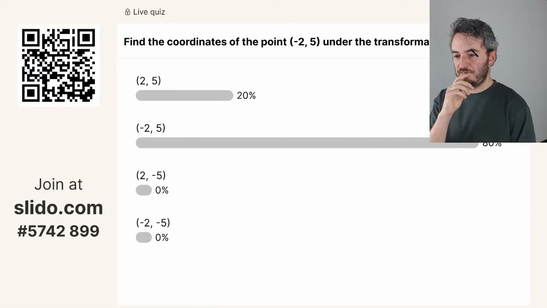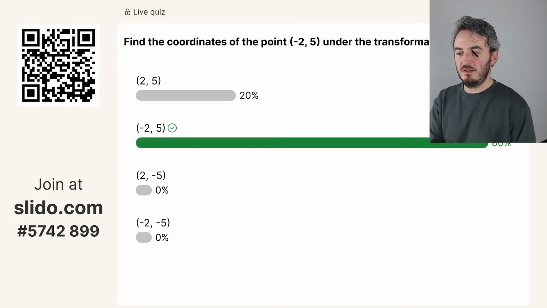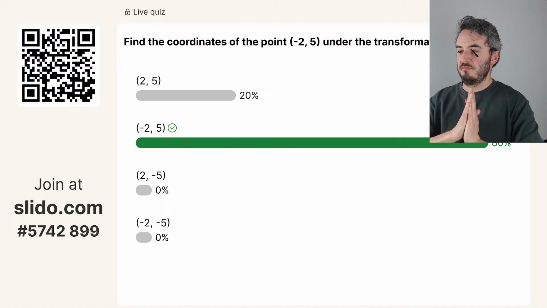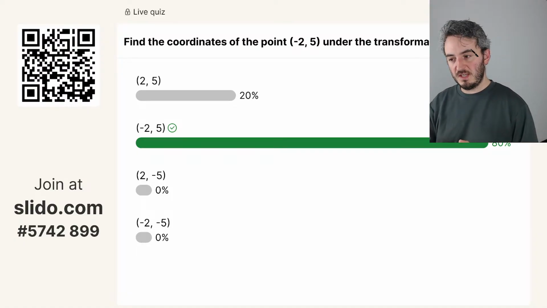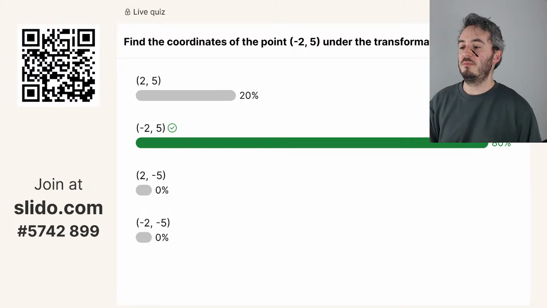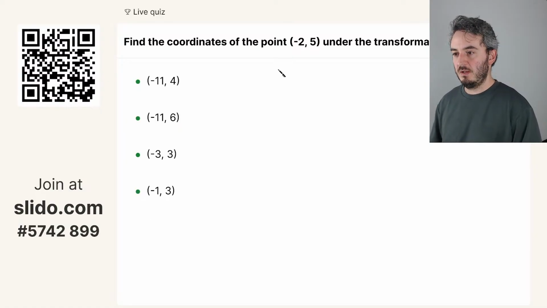Okay, let's see. All right, that one was a sneaky one. It just did nothing, right? Modulus of f(x) leaves the function alone if the y value is positive, and if it was negative, it would have made it positive, but it doesn't touch the x value, which is why it didn't change that -2 to a 2.